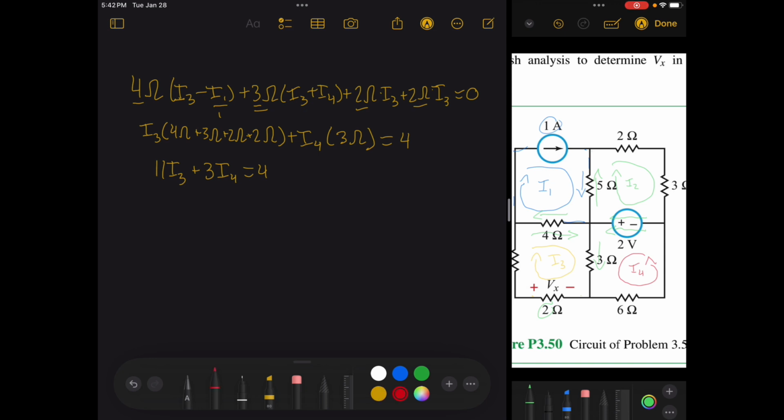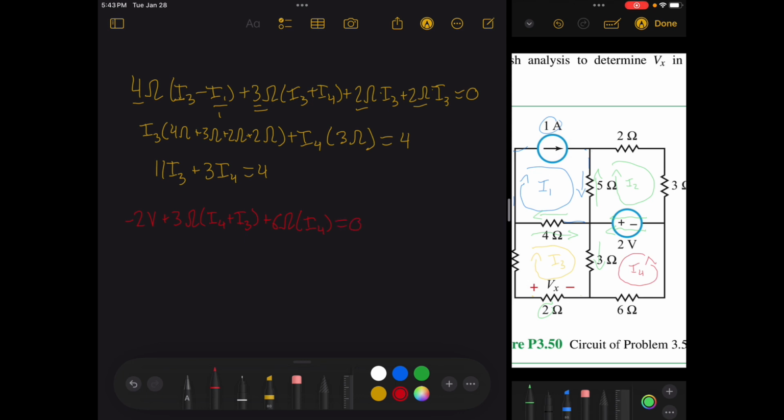So now for I4, let's go counterclockwise. Let's start with the 2 volt power supply, which we made negative 2 volts, plus 3 ohms times I4 plus I3. Again, I3 and I4 are in the same downward direction because we're traversing it downwards, plus 6 ohms times I4 is equal to 0.